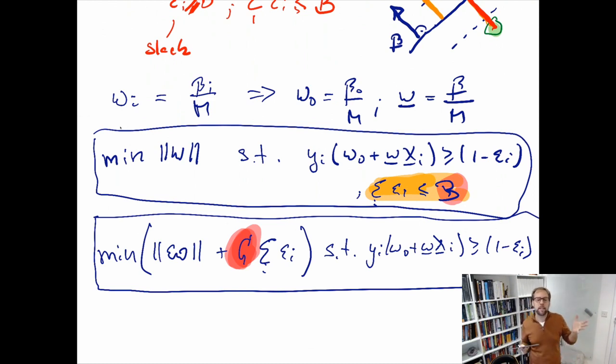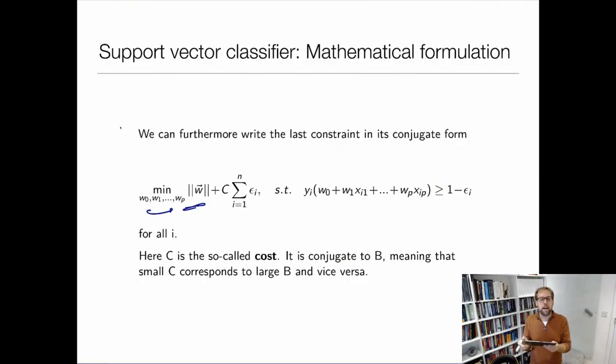So we see that B and C are inversely related, and this expression here is exactly the same as what I was writing here. So I have minimizing the length of omega plus this condition here, subject to this one constraint.